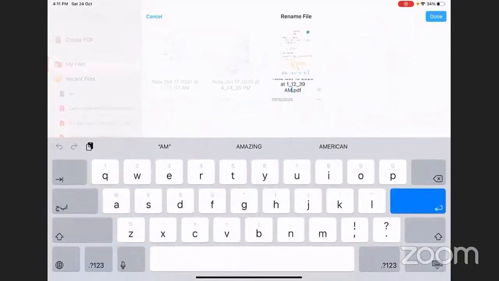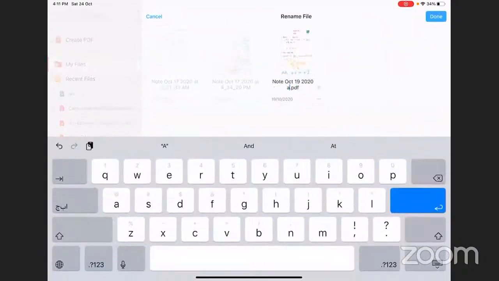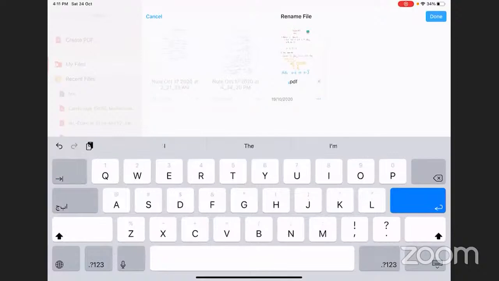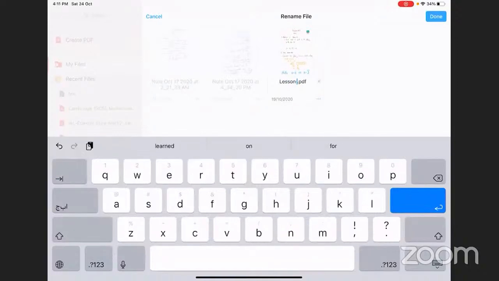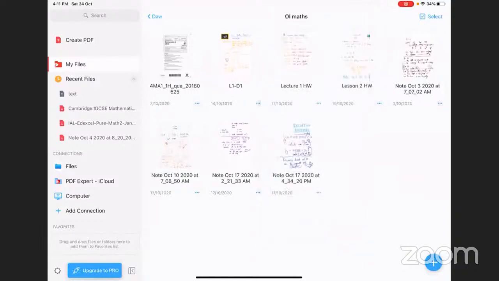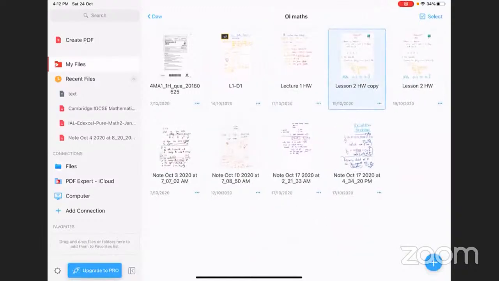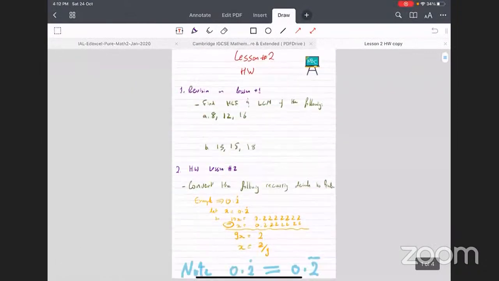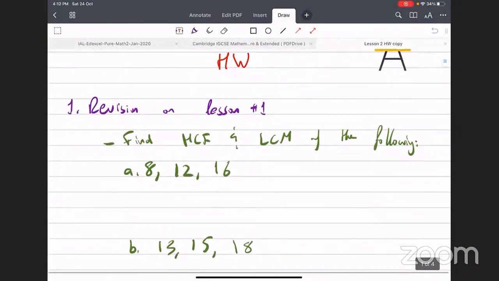Rename: Lesson 2 homework. Then let's duplicate it. Okay, let's do it.